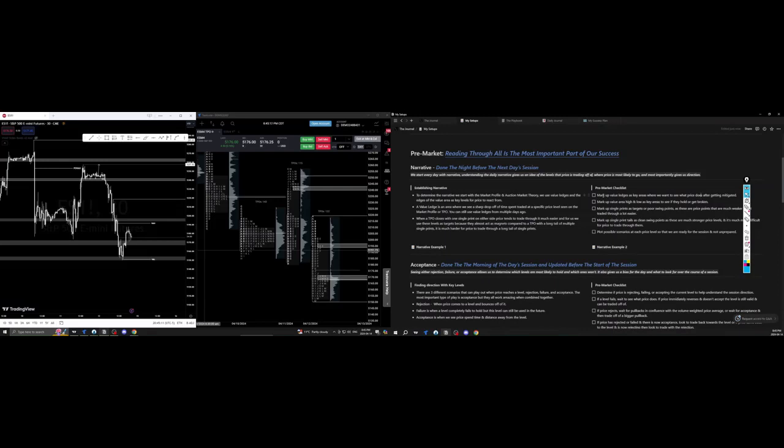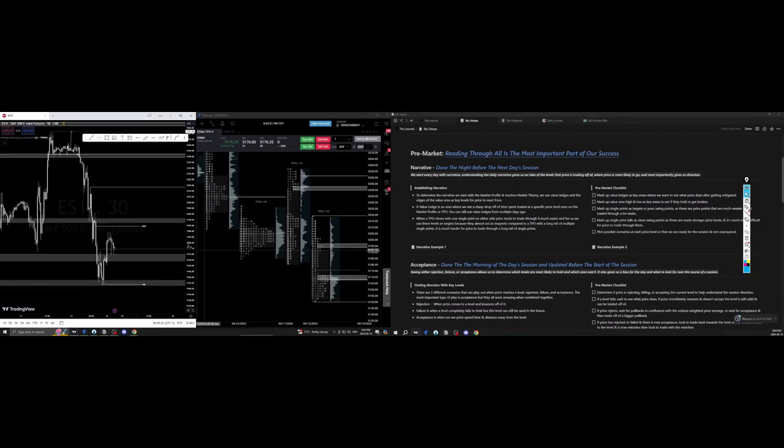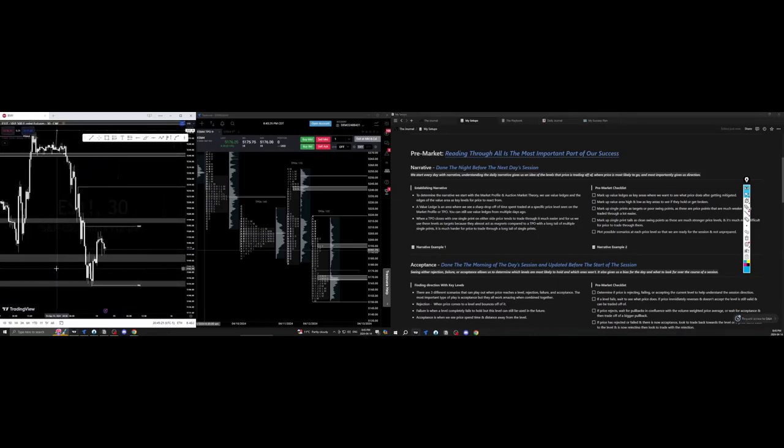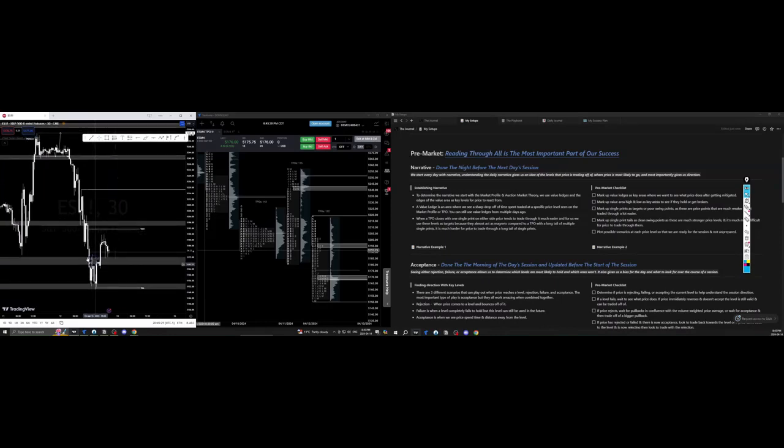I'm not feeling good. Mark up value ledges as key areas where you want to see what price does after getting mitigated. Alright, what does that mean? So, we rejected this, kind of broke it, so this is decent acceptance.